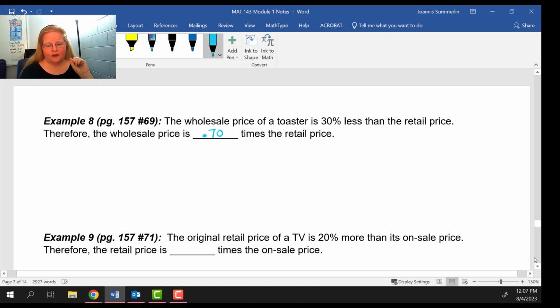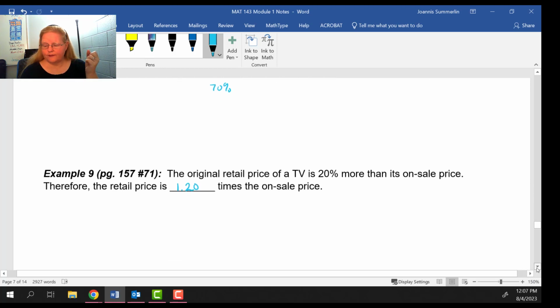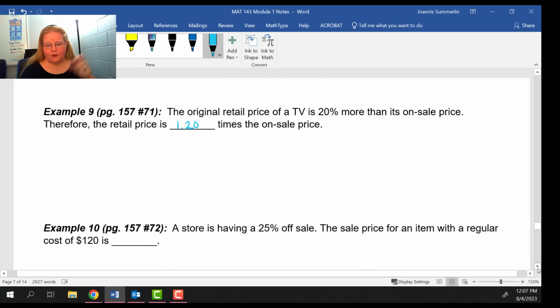Just saying. I understand you writing the 70%. The original retail price of a TV is 20% more than its on-sale price. Therefore, the retail price is 1.20 times the on-sale price instead of 120%. Bet my math lab would put that instead of writing 120%.